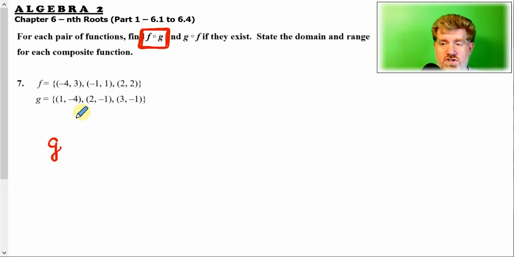So g is not a function or anything crazy. G is just these points. If I put in 1, I get out negative 4. Now I look at my f value. Is there any f value where I can put a negative 4 in? Well, here. See how these numbers match up? F of negative 4. Well, these negative 4s match up.